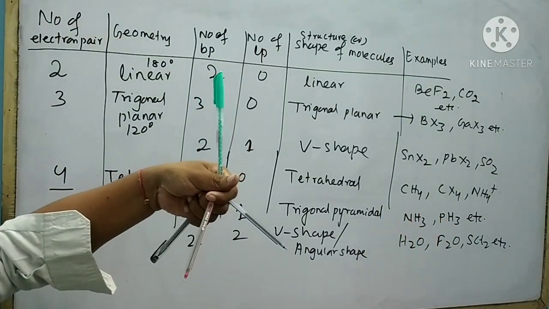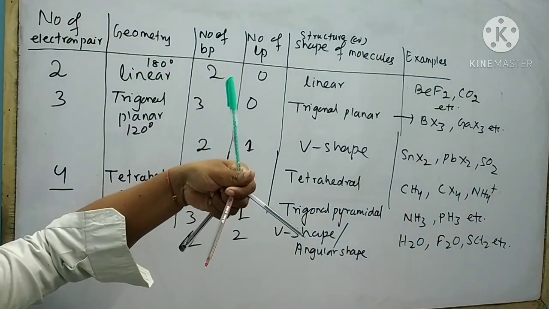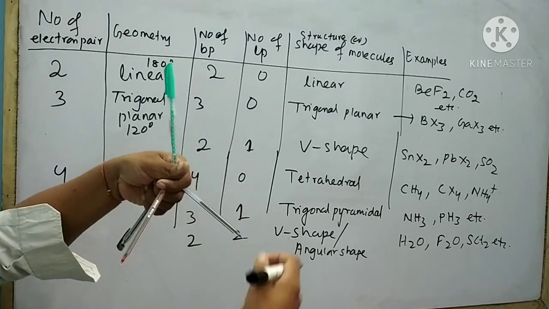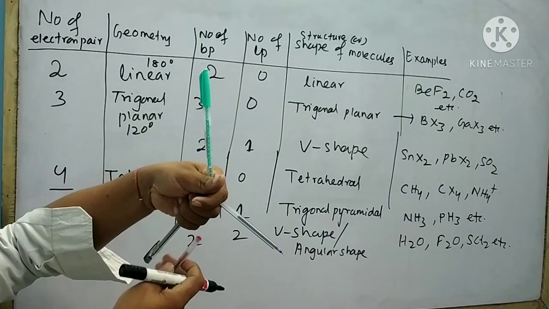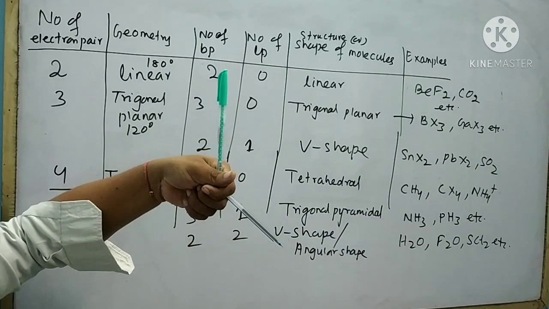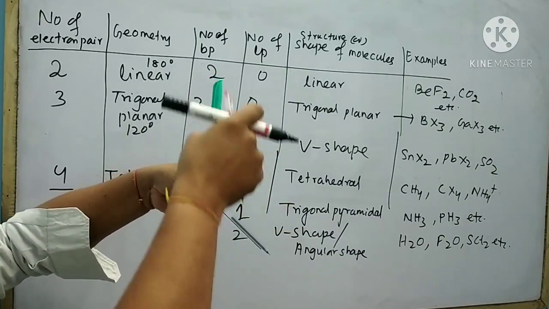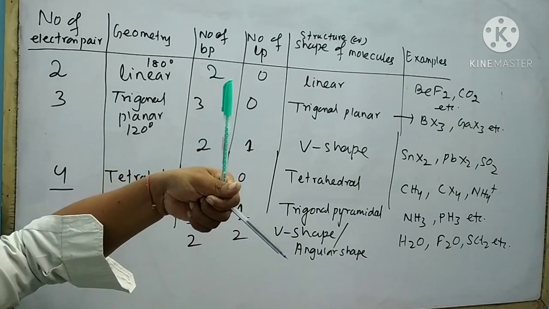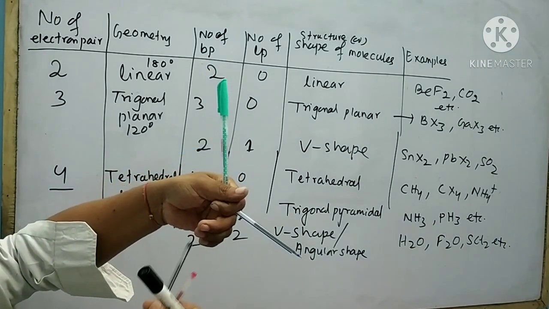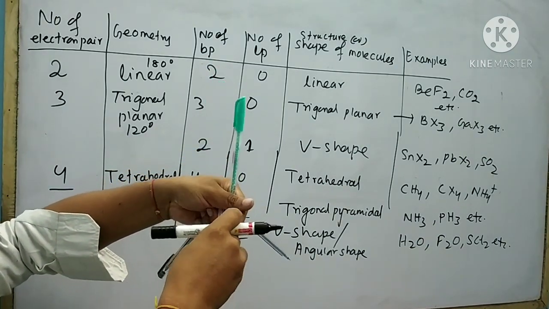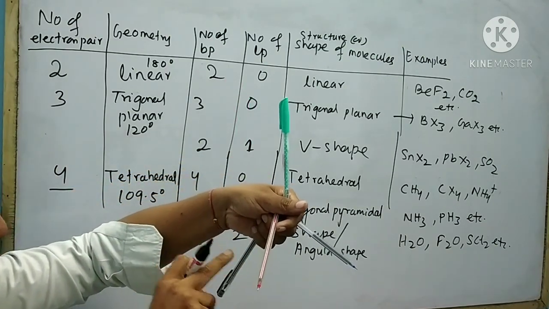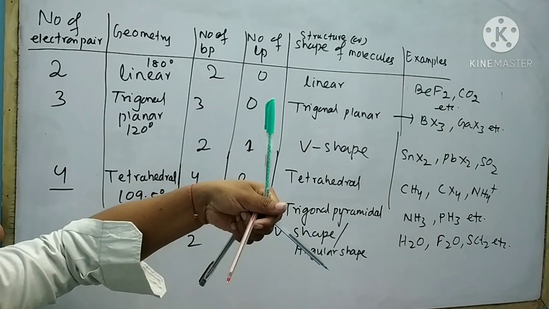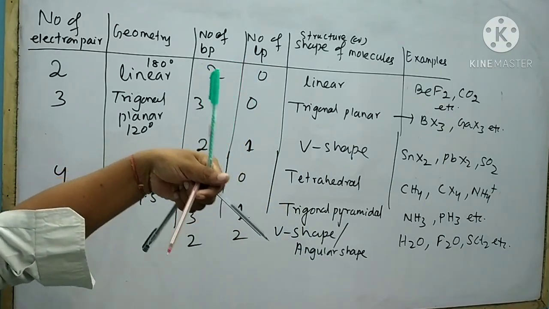Look at that, this is your tetrahedral geometry. Among the 4 electron pairs, suppose these 2 electron pairs are lone pairs, then the shape of the molecule is your V shape. Remember an important point: when we think about the geometry, it is bound to think about these 2 lone pairs and these 2 bond pairs, then it looks like a tetrahedral.